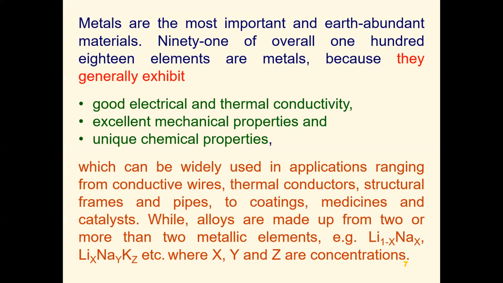These alloys depend on the different concentrations of the metallic substances. Here X, Y, Z are the concentrations, which give the concentration of the typical metallic elements. This concentration plays an important role in constructing the alloy structure.